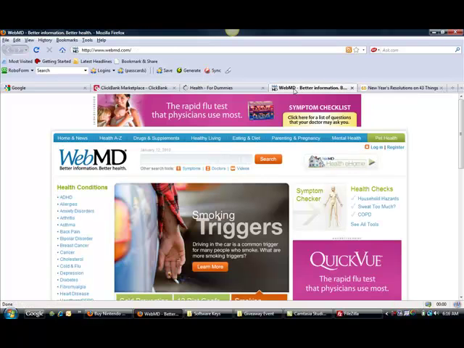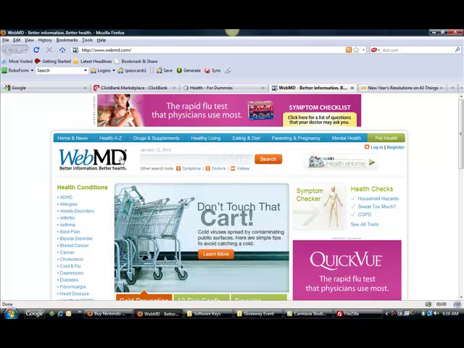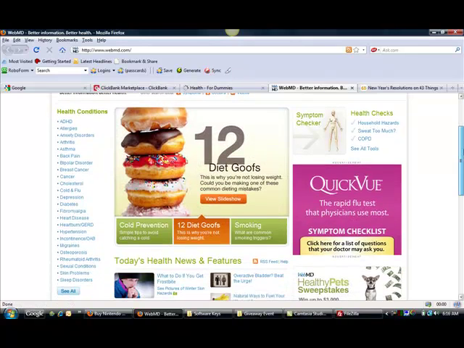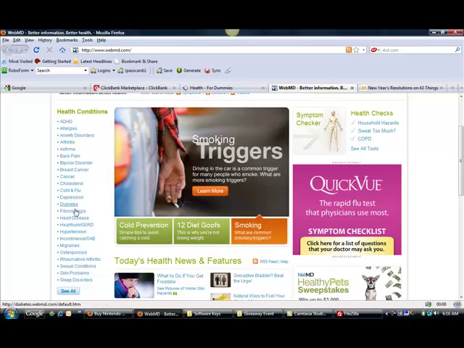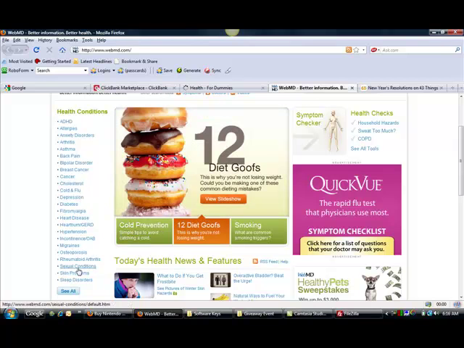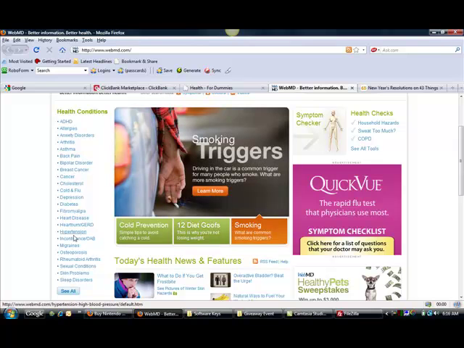Now, another site that's kind of creative that you can look at is WebMD. WebMD is a health related website for better health and things like that. But you notice here all these different health conditions. You've got everything from heart disease to back pain to heartburn to migraine headaches, skin problems, sleep disorders, ADHD, allergies, all these things people could potentially want solutions for.